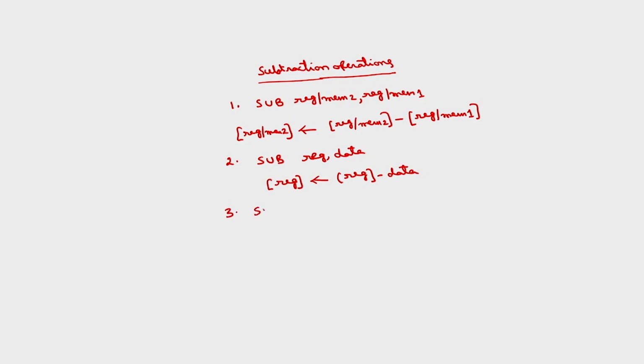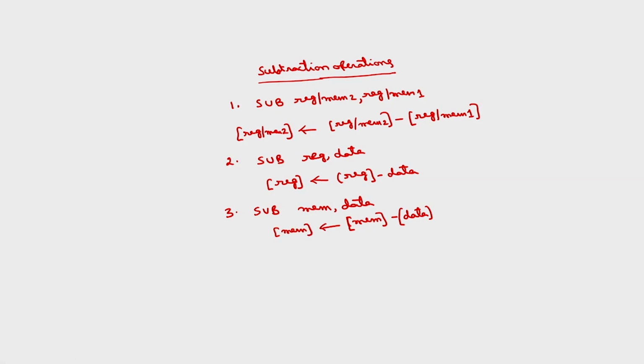You can have SUB memory comma data. There also the contents of the memory location specified by the given addressing mode will be subtracted by the data and the result is stored in memory. Similarly, we have 3 with borrow.